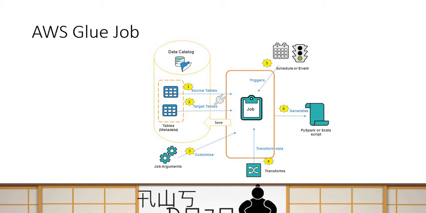We are going to write a Glue job which will take data from the catalog source table, perform the transformation using PySpark, and then write back to S3 storage. And such jobs can be either scheduled or you can run them based on an event. But today we are going to run it manually for the workshop purpose.